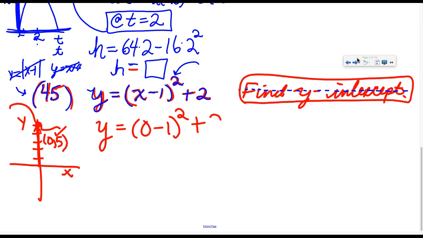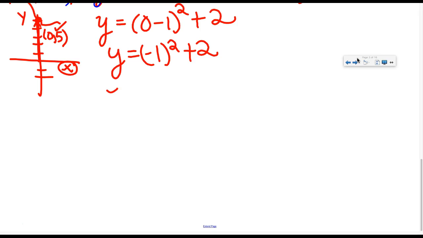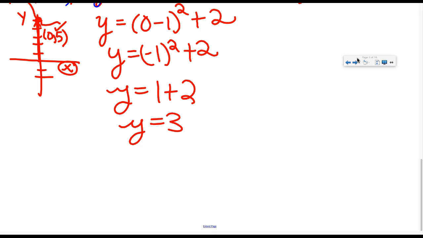It's as easy as that once you understand what a y-intercept is. It's where it hits the y-axis, and that means x, the left-right motion, has to be 0. That'd be y equals (0 plus 1) squared plus 2. That would give me y is equal to 1 plus 2, or y equals 3. So my y-intercept is at 3.